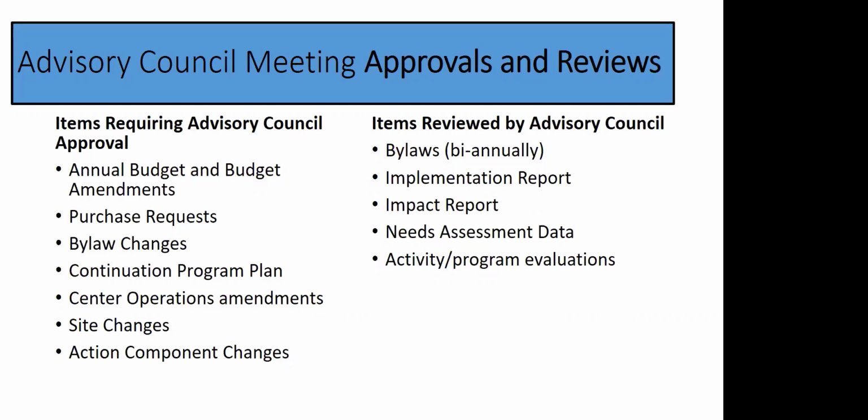And then your action program evaluation. When we were in the group, we all said this was something that we not always did the best at. So evaluating your programming is very, very important. You need to know if it's effective, how you're reaching people, and if you're meeting those desired outcomes.